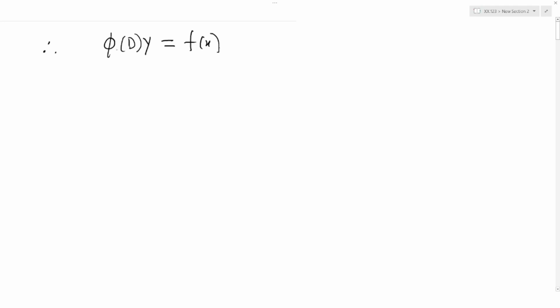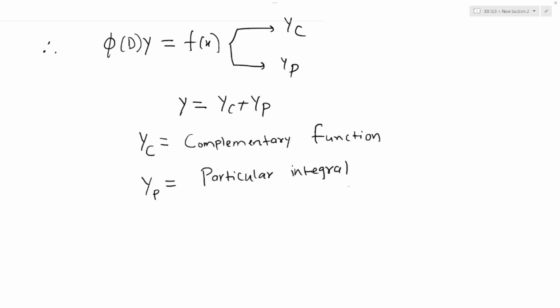Therefore, to solve the equation phi of D y equals f of x, we have to find yc and yp, then the final answer is y equals yc plus yp, where yc is called the complementary function and yp is called the particular integral.